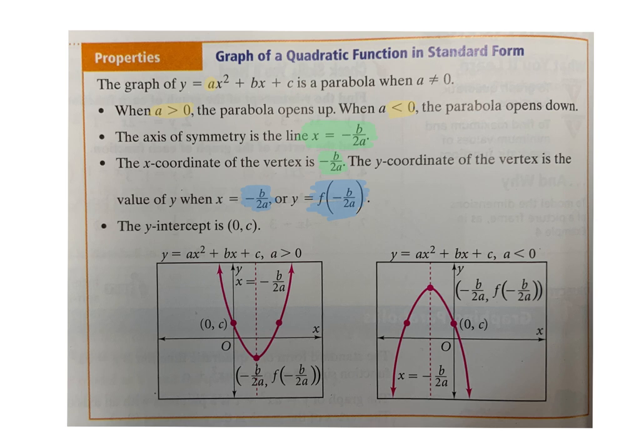The last thing is your c. Your y-intercept will always be (0, c), because your y-intercept is when you plug a 0 in for x. Well, you have an x squared plus an x. Those are both going to 0 out. It leaves just the c. And so when you have it in standard form, you automatically know your y-intercept. And so you can graph your vertex using your -b over 2a, your axis of symmetry using the same thing, and then you can plot your y-intercept.